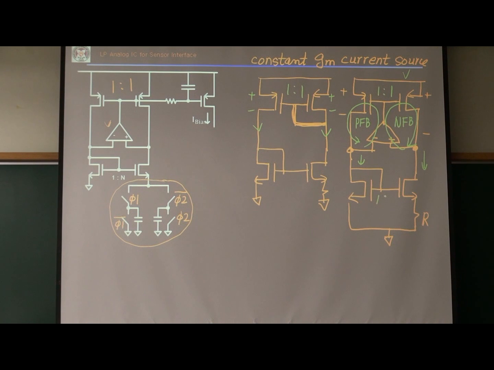So this is 1 to N. You can derive the current equation. The current should be the same. The gate-source voltage of this one, if you recall the strong inversion current equation, is this VGS plus the IR drop.